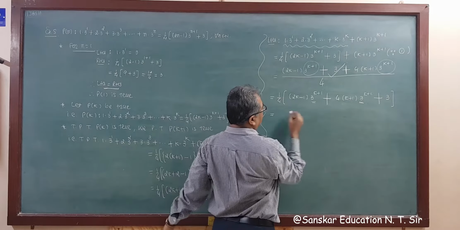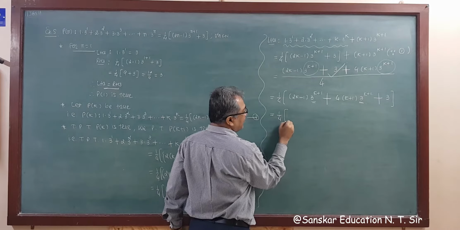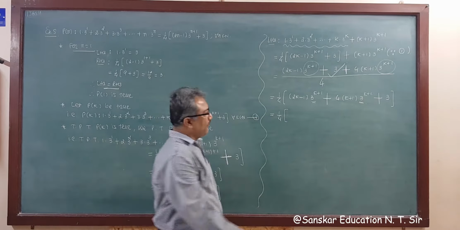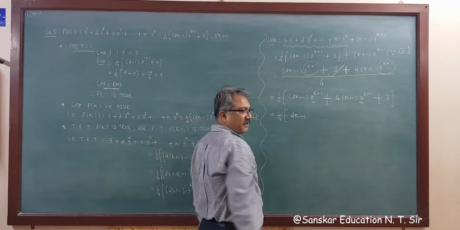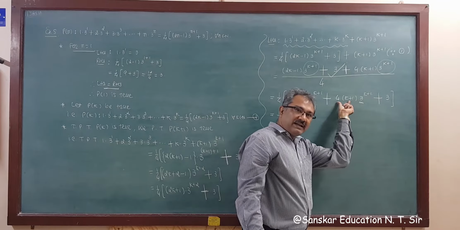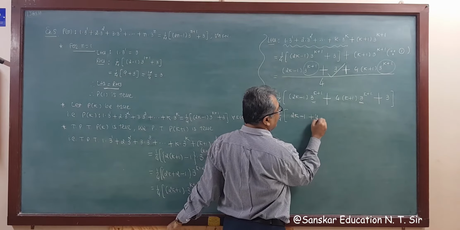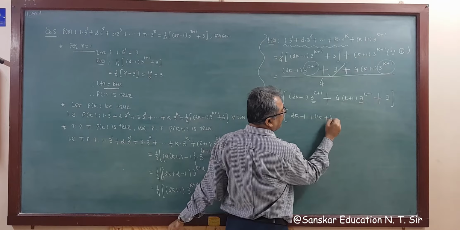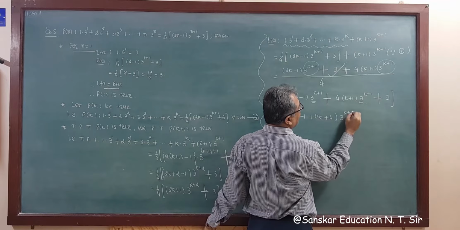So taking this term common, this is 1/4, this is 1/4. Now this is 2k minus 1, and if we multiply 4 with this, what we get? 4k plus 4. So this is 4k plus 4, right? Into 3 raised to k plus 1.